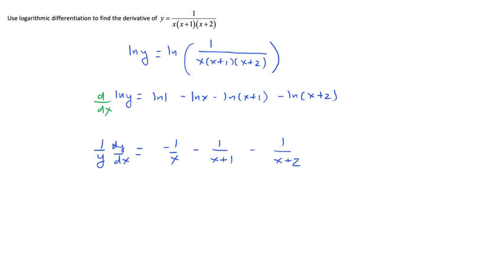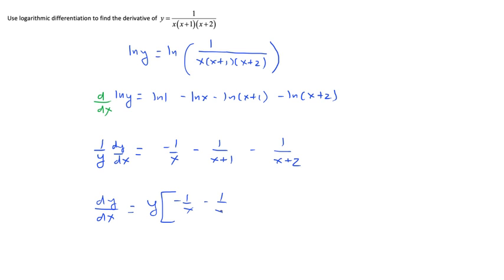And finally, this is not the final answer, because we want to find dy dx, so we just multiply both sides by y. We're going to bring this back over here. So dy dx is going to equal y times all of this.